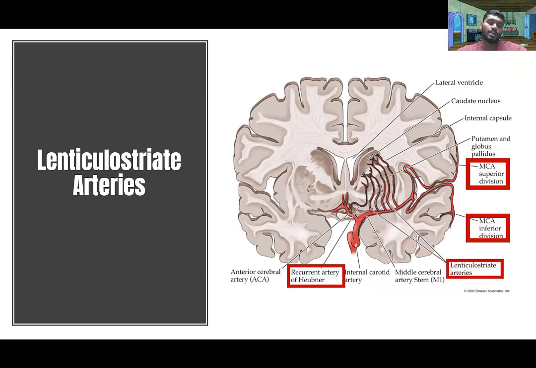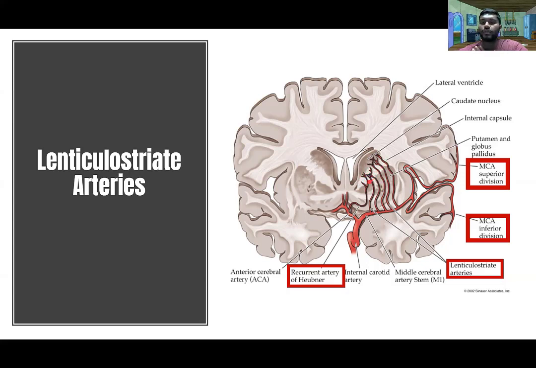You can see here, this is the M1 branch, and then we have the M2s right here. However, we see that these arteries, the lenticulostriates, the deep MCA branches, will go to this area called the basal ganglia. This is very important in movements. So we have your caudate, the head of the caudate, your putamen, and then the globus pallidus, portions of your internal capsule right here.